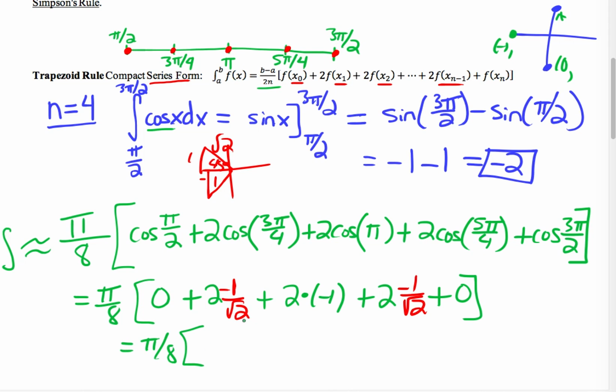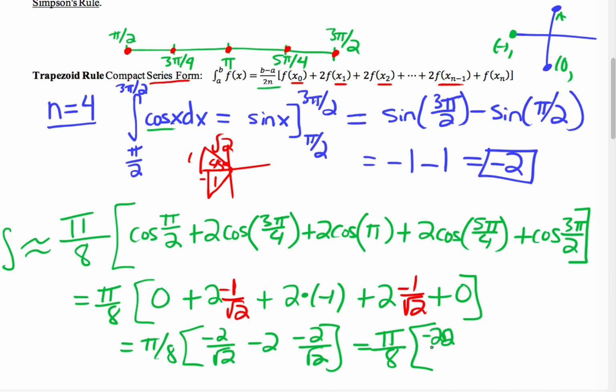So that's pi over 8. So it's going to be negative 2 over the square root of 2 minus 2. Another negative 2 over the square root of 2. Just keep simplifying. And you'll get, there's 2 of those, right? So there's 2 negative 2's. So really, that's going to be negative 4, isn't it?